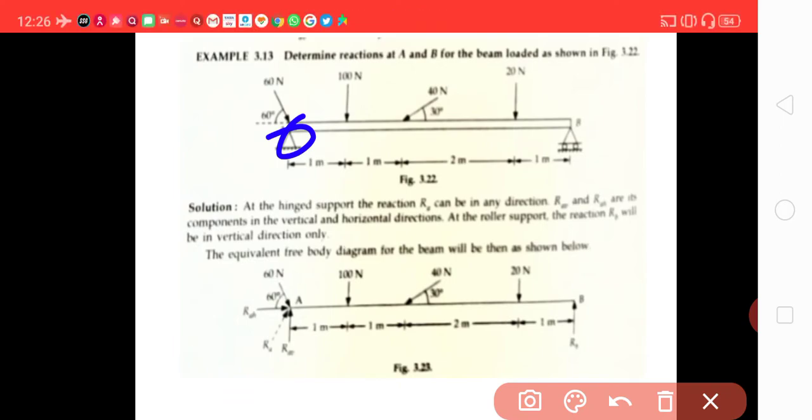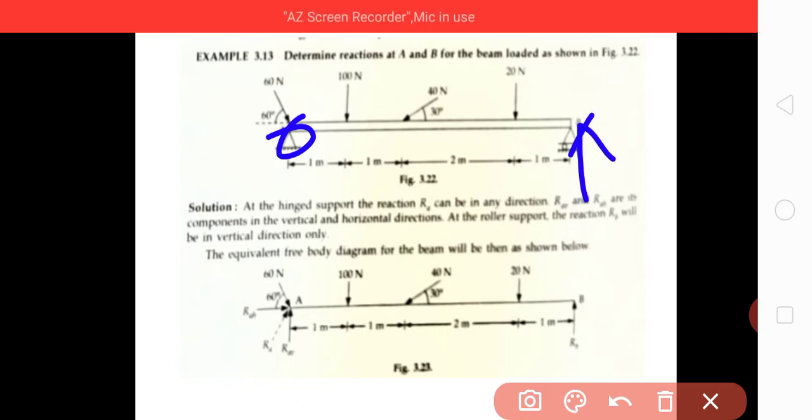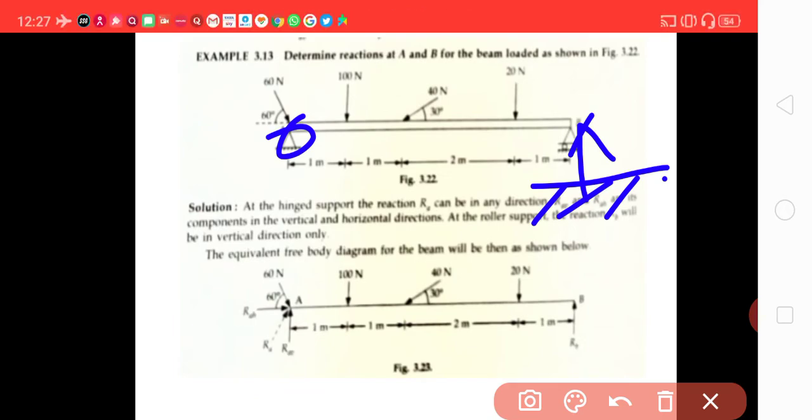Then at the hinge support, the reaction RA can be in any direction. RAV and RAH are the two components, vertical and horizontal. As I explained, at the roller support, there will only be an upward reaction, because this is the roller. A roller is kept on the ground, so it can give only a vertical reaction, not a horizontal one, because the roller will move this way.